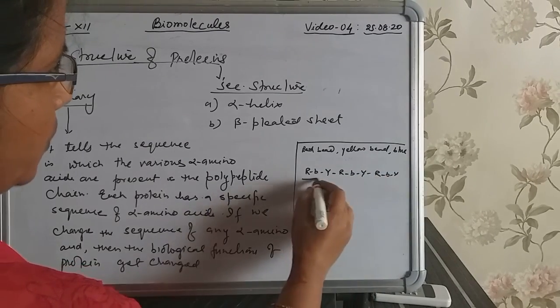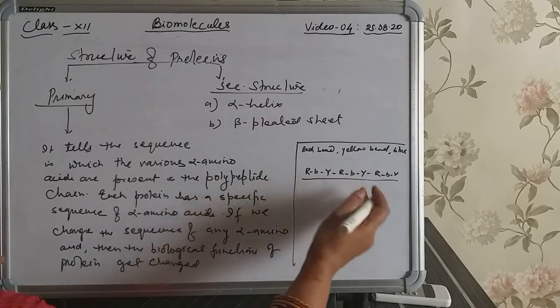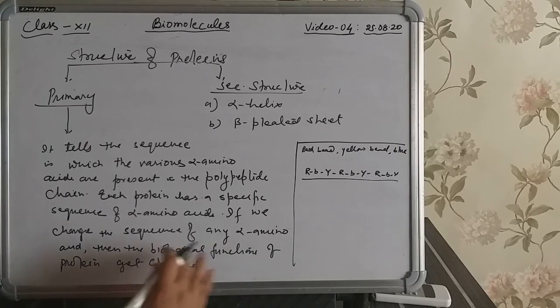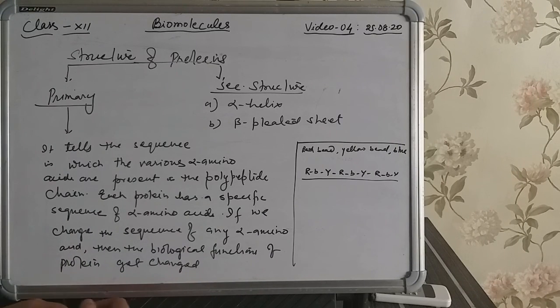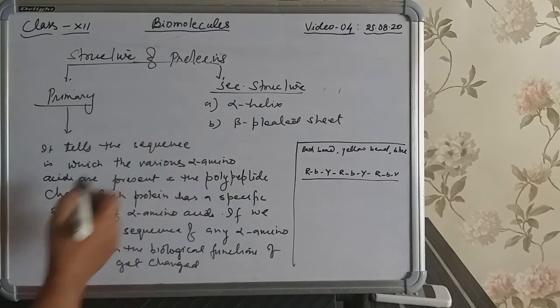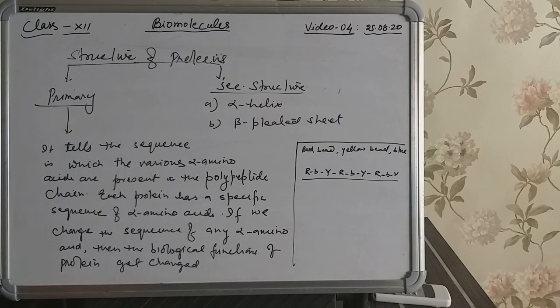So it has a specific sequence. If we change the sequence of any one, then their biological functions get changed. So this is the structure of the primary protein.